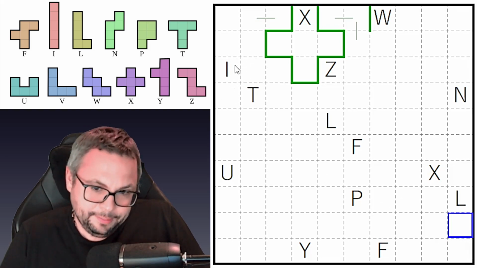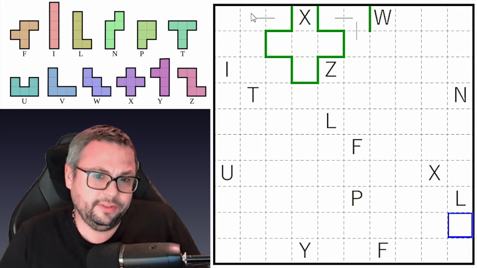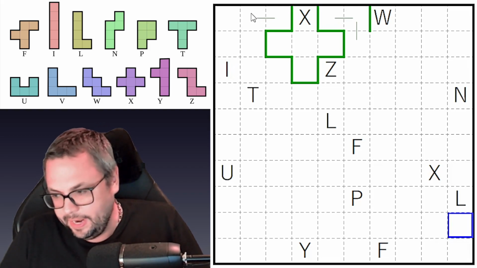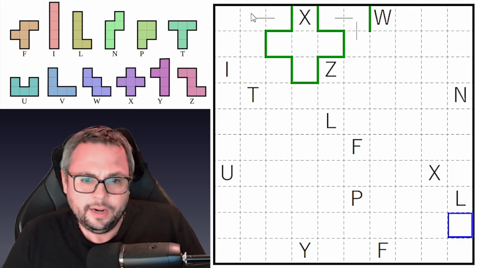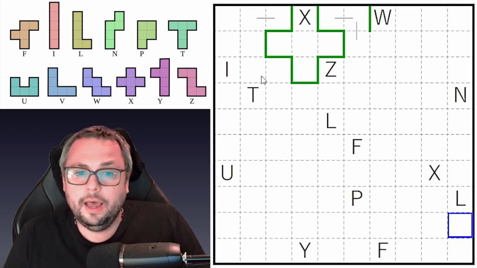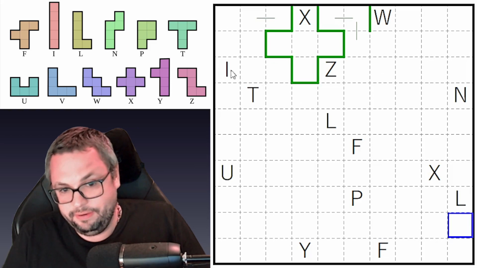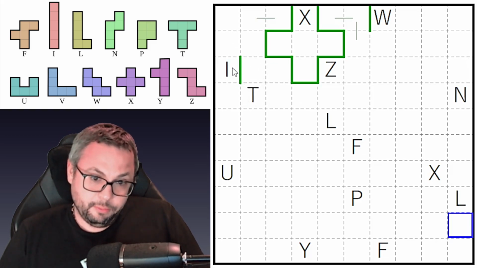This I is always very restricted because basically you can only put them vertically or horizontally, and quite often one of those is absurd. So in this case, horizontally is the one that is absurd, because I would need to somehow fit 5 cells in these 3. So I at least know that it goes vertically, which means there's a border here.